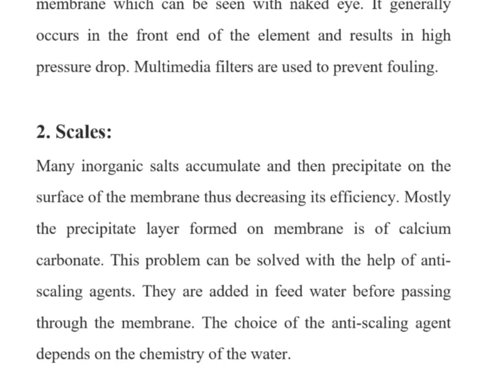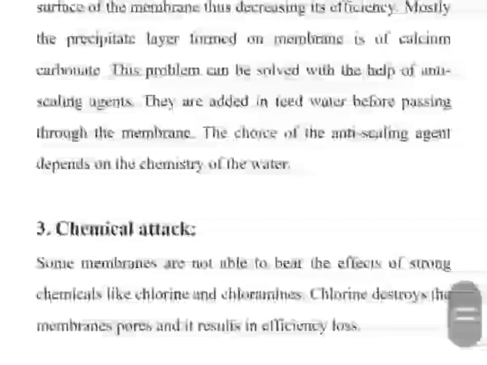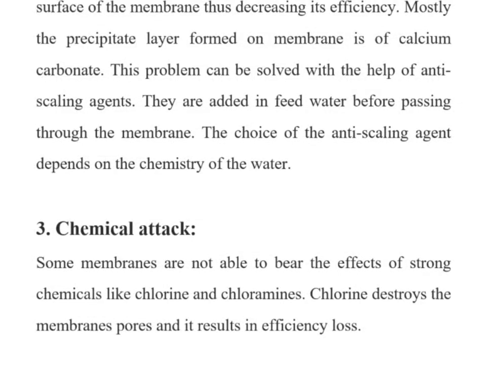It is treated by using multimedia filters, etc. Second one is scales. Scales are formed due to calcium or potassium in our feed water. They precipitate out in the membranes and decrease the efficiency of the membranes. Therefore, some anti-scaling agents are added according to the chemistry of the scales which are formed.